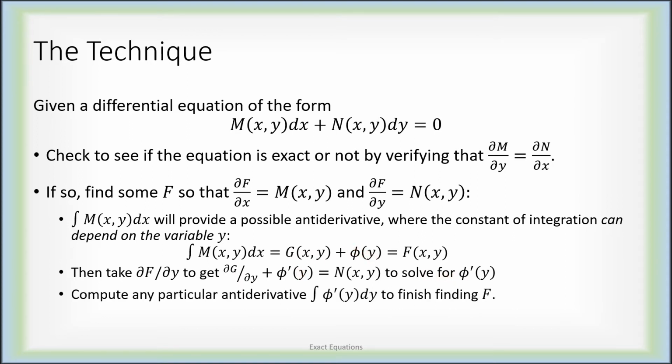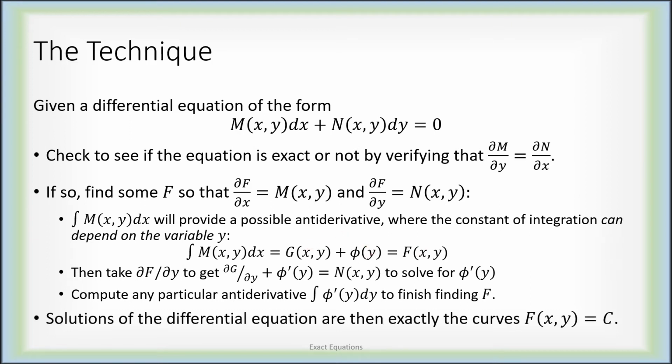Then anti-differentiate phi prime of y dy. Now this is a function that depended only on y, and I'm anti-differentiating against y, so the constant of integration here will be a genuine constant. And then you can find f by taking your choice of phi and plugging it back in here. And now you'll have f of xy is this function you found plus this other function you found. And finally, solutions to the differential equation will be of the form f of xy equals a constant.